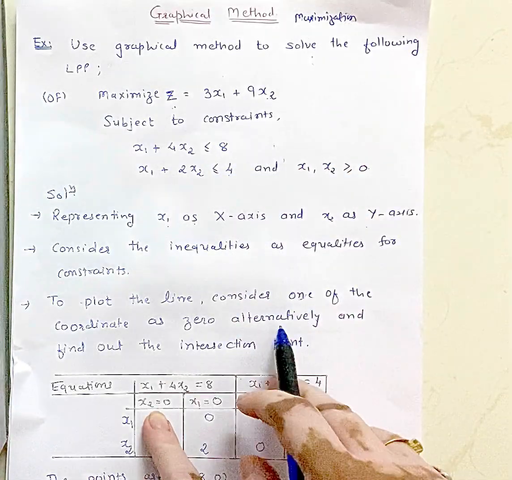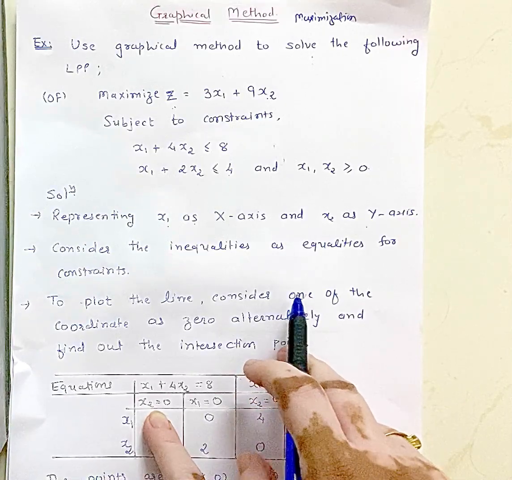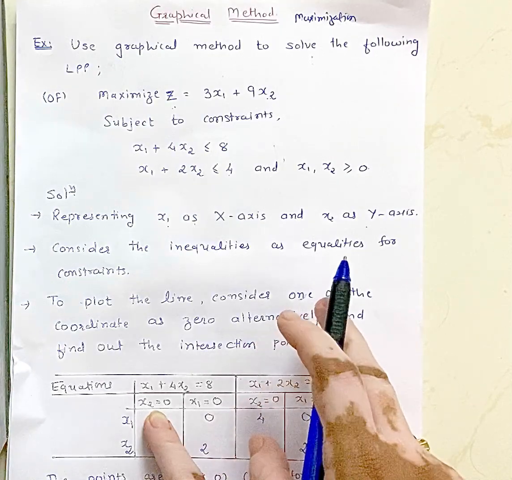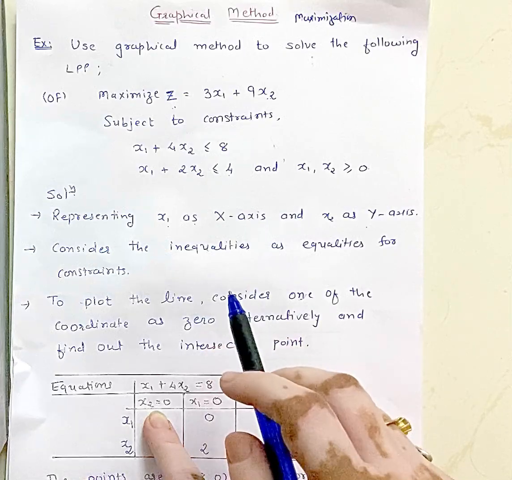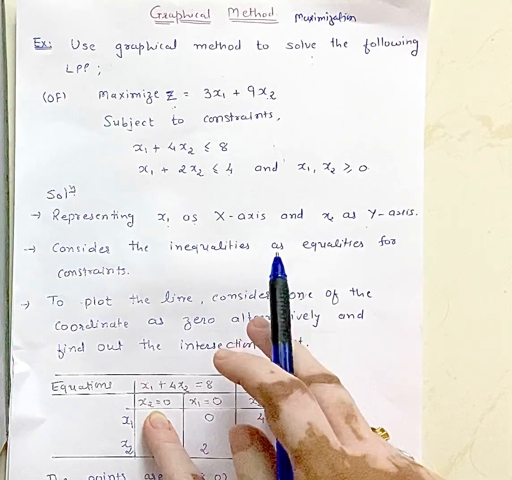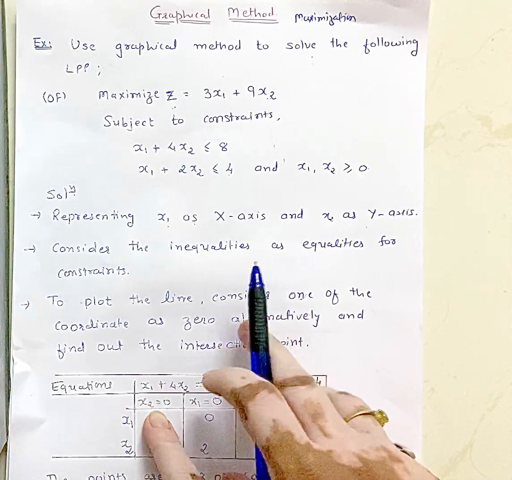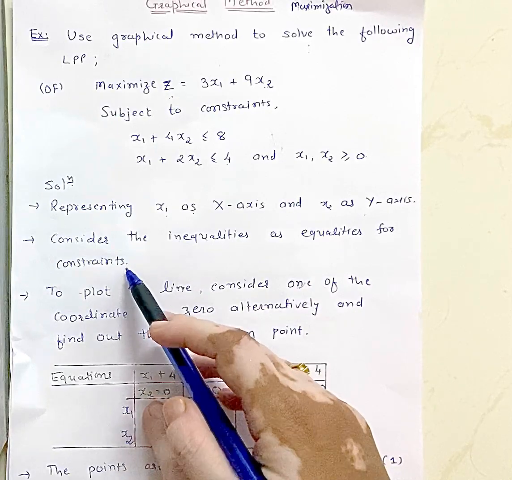The first step is to convert each inequality into equality form. Avoid any slack, surplus, or artificial variable; you don't have to add any extra variable. Consider the inequalities as equalities for the constraints.